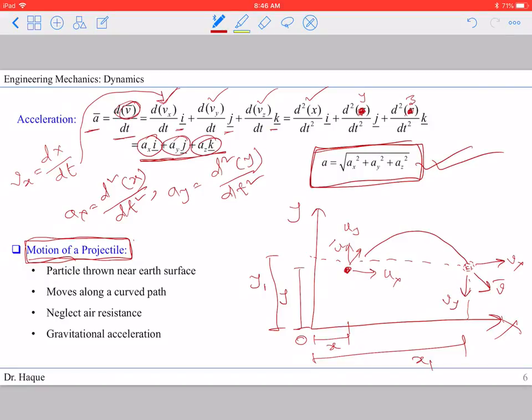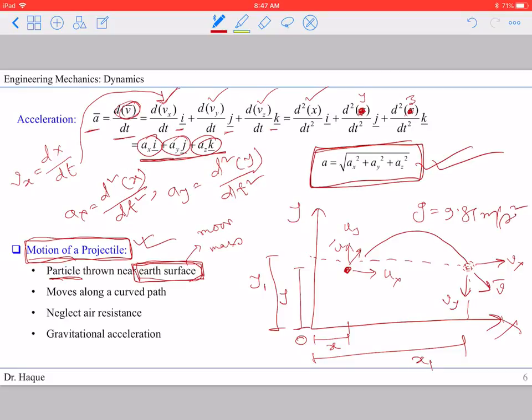When we assume motion of a projectile, we assume that it's a particle. It's thrown near Earth's surface, meaning there will be a gravitational force acting on the body. But if we assume it's in some other place, for example the Moon or Mars, then the only thing that will change is the gravity. For Earth, we know it is g, which is 9.81 meters per second squared.